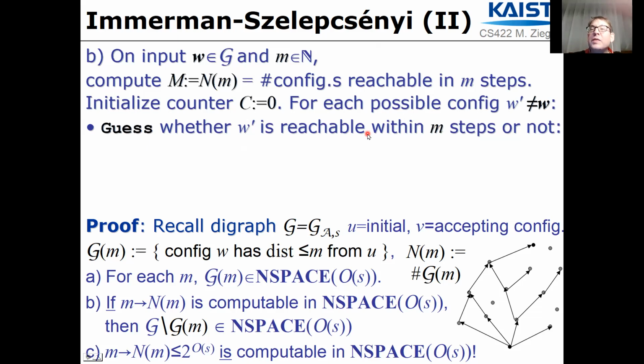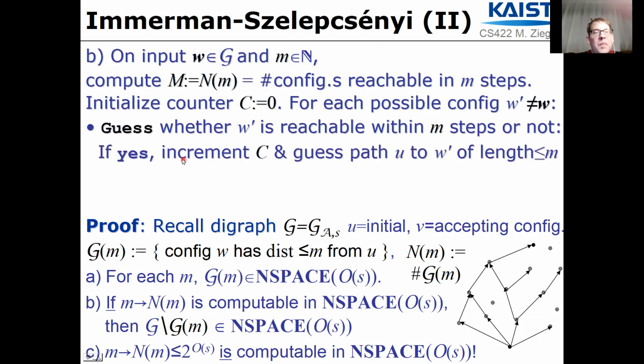But now we need to, of course, verify that guess. And that's the important subtlety here. We can verify whether the bit 1, if the guess claims it is reachable, was correct. We can verify that. This is item A, right?